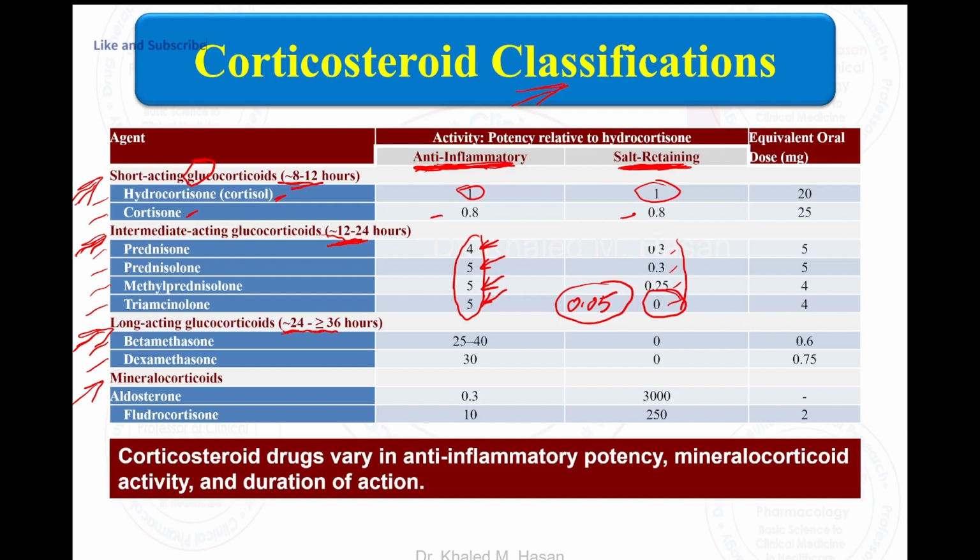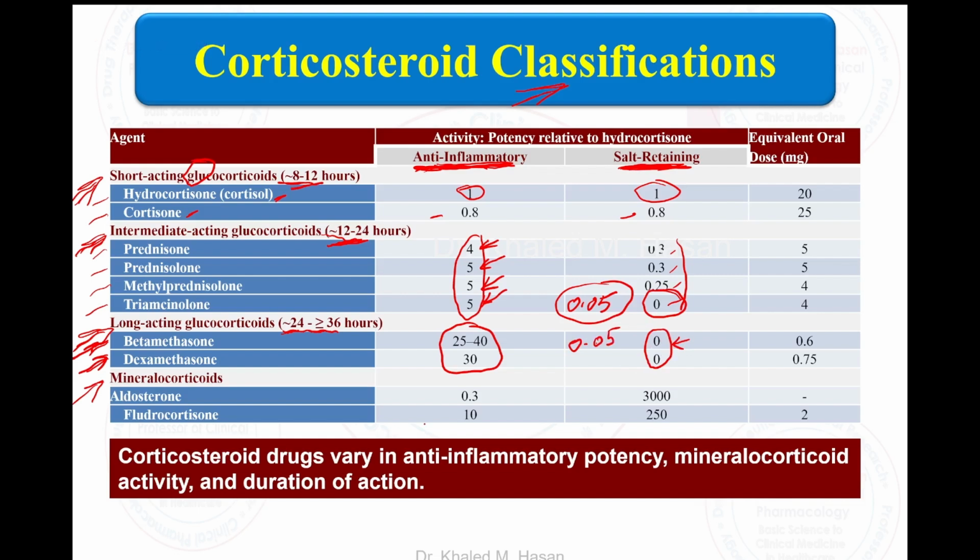Moving to the next group, we have the long-acting glucocorticoids, 24 to 36 hours or more. We have betamethasone and dexamethasone. Looking at the potency as anti-inflammatory medication, betamethasone is between 25 and 40, and dexamethasone is 30 times. What about salt retaining? It's insignificant, 0, and other textbooks mention 0.05.